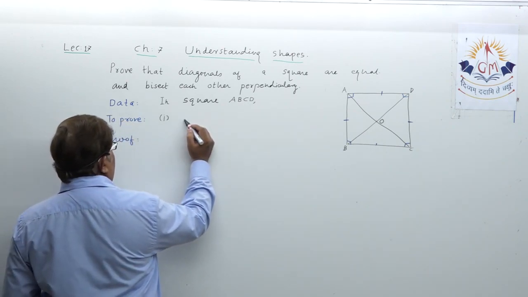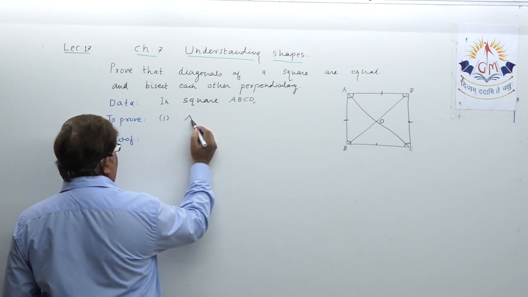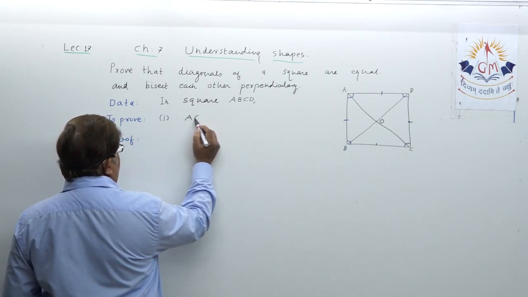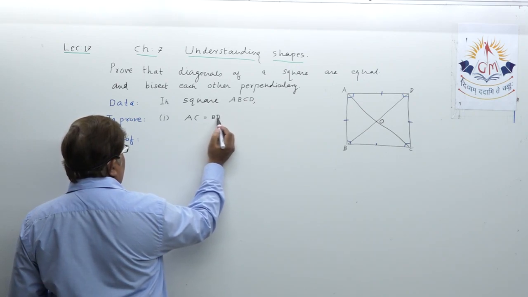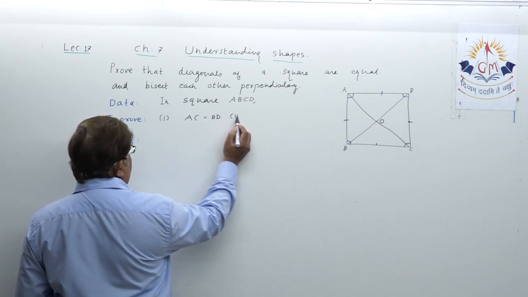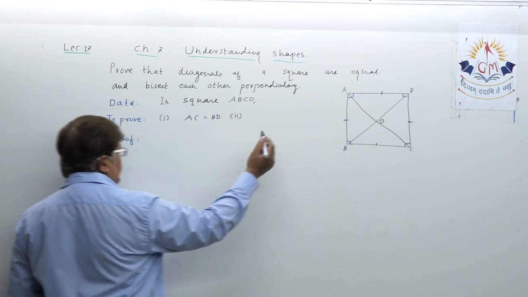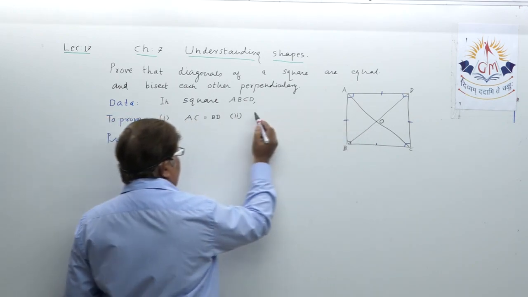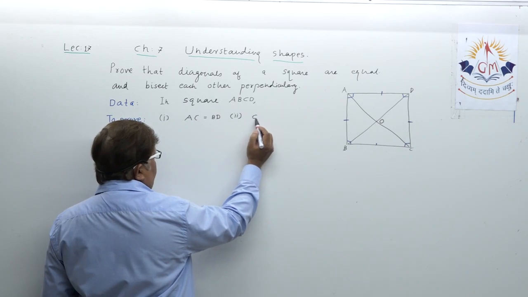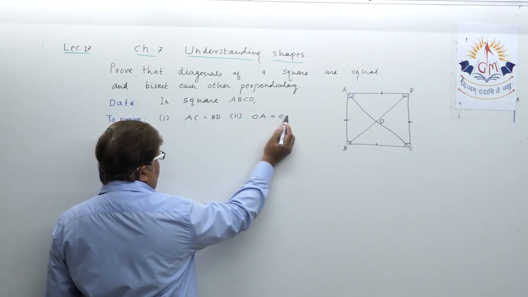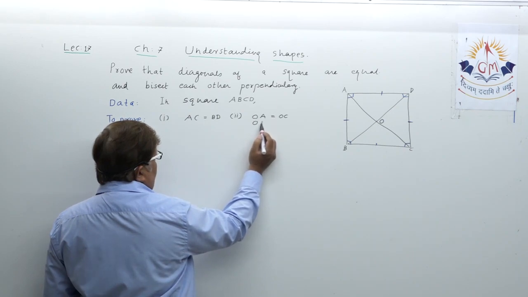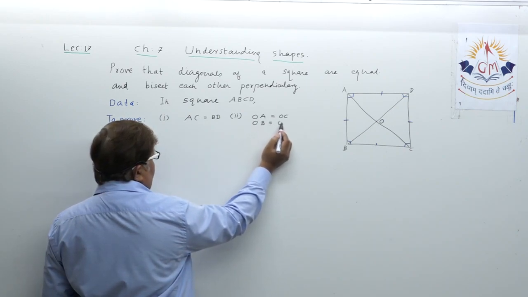First, you have to prove both the diagonals are equal. Okay. Second, you have to prove, like you proved in all quadrilaterals, OA equal to OC, OB equal to OD.